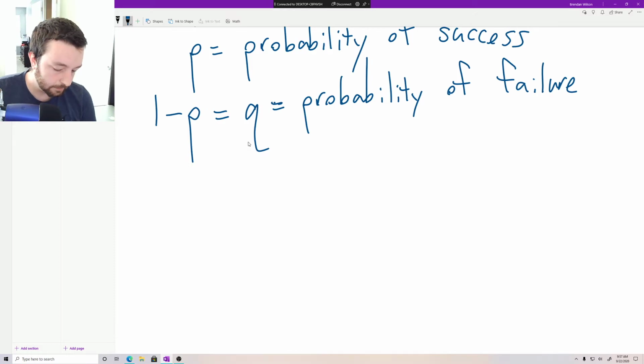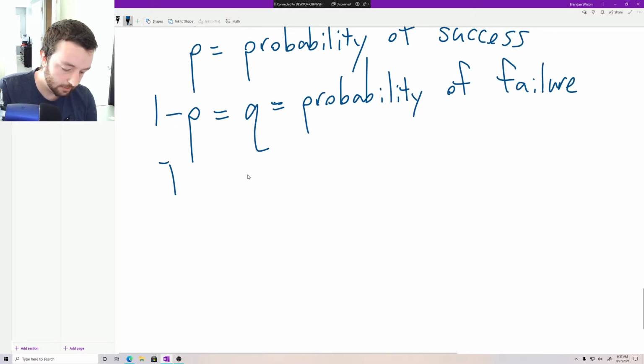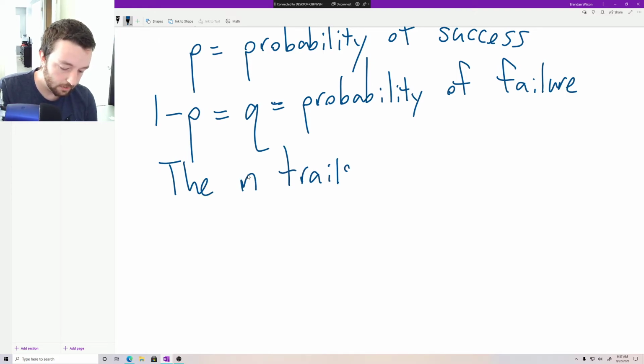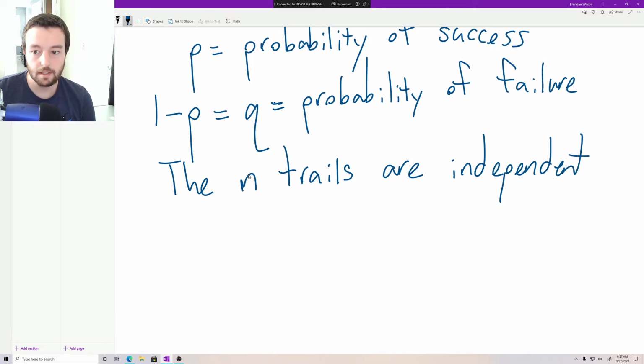Another key thing is that the n trials are independent. Remember that the word independent means that they have nothing to do with each other.